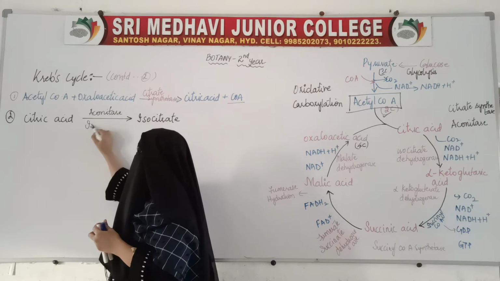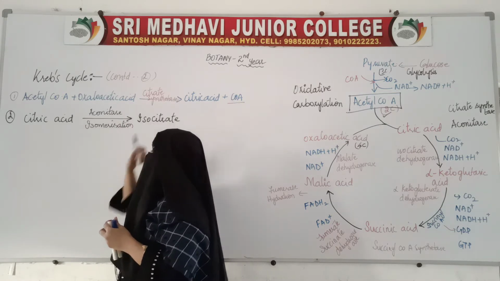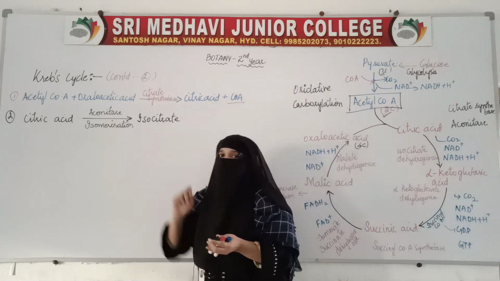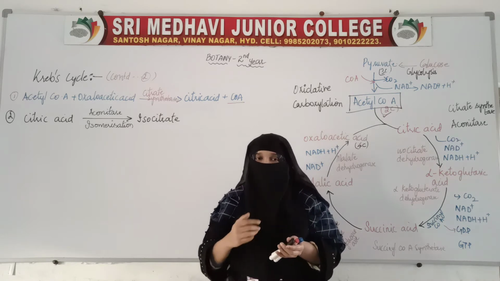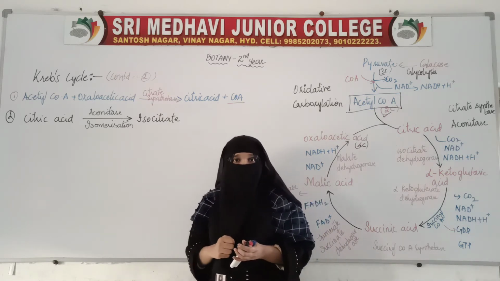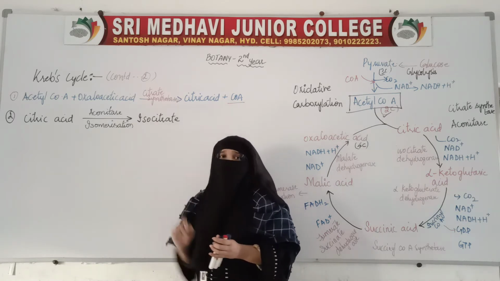So which reaction? It is an isomerization reaction where this citric acid is changed into isocitrate. It is an isomer of citric acid. What is an isomer? Isocitrate is the isomer of citric acid.